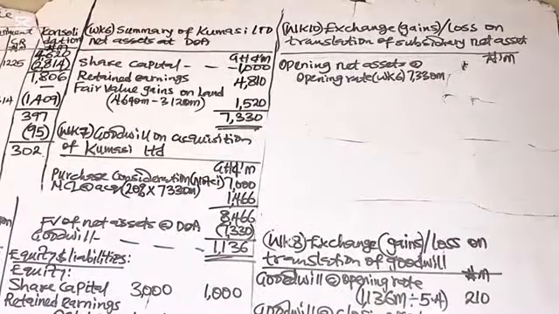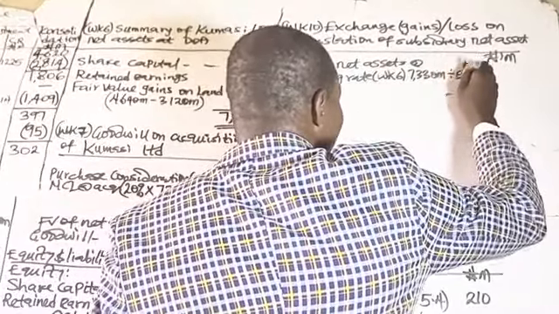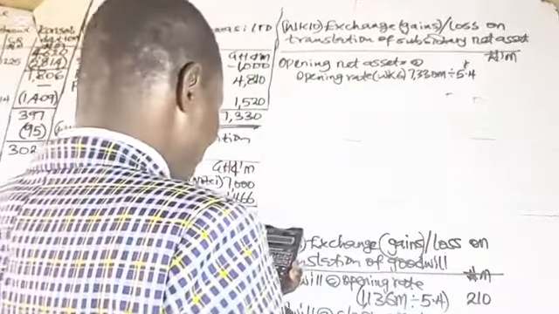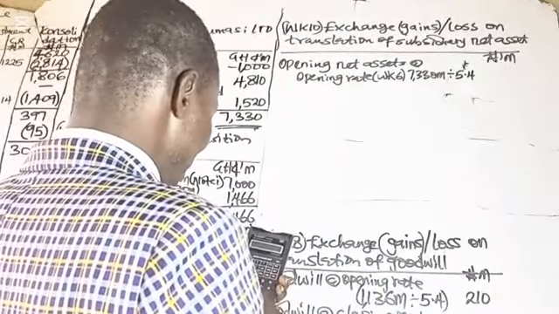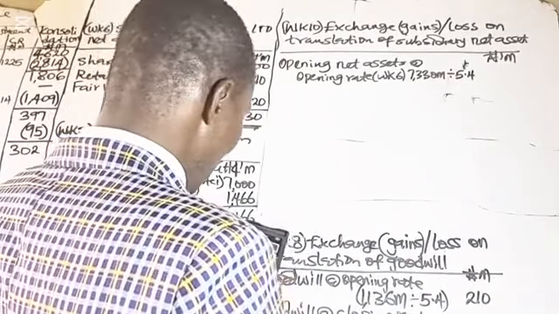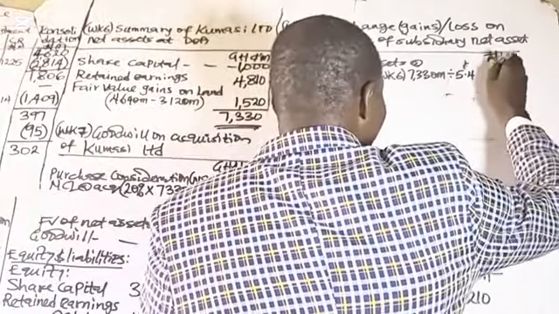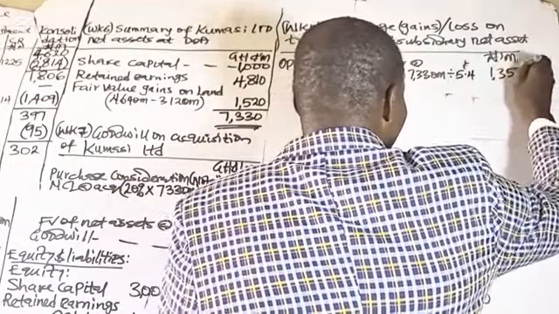So we use that to translate that. 7,330 divided by 5.4 gives us 1,357.